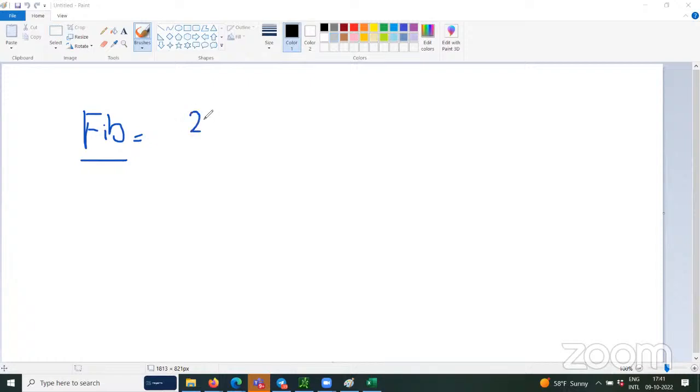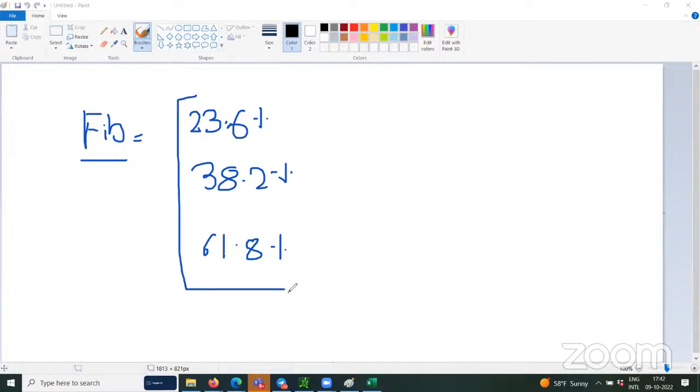So Fibonacci has important percentages: 23.6, 38.2, 61.8. These are very important percentages in Fibonacci.